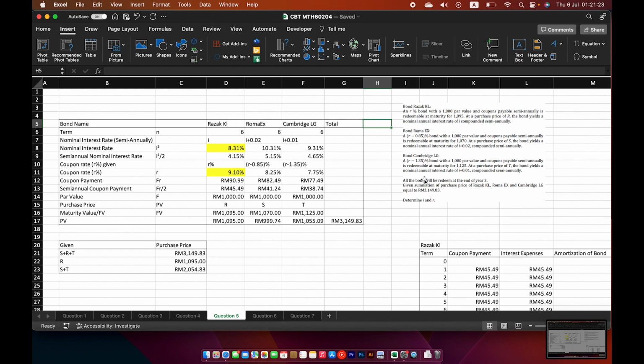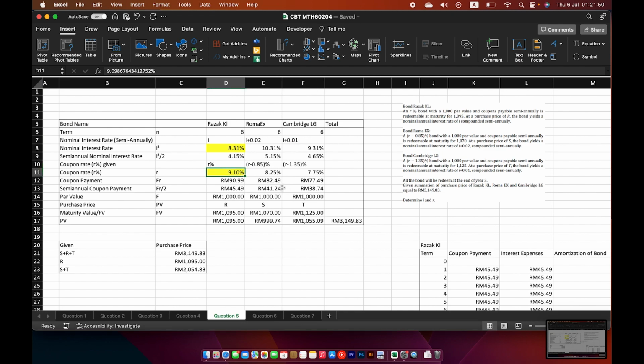The three bonds have different coupon rates and interest rates. For Razak KL, the interest rate given is I compounded semi-annually, and for Roma EX it's I plus 0.02, and for Cambridge LG it's I plus 0.01.